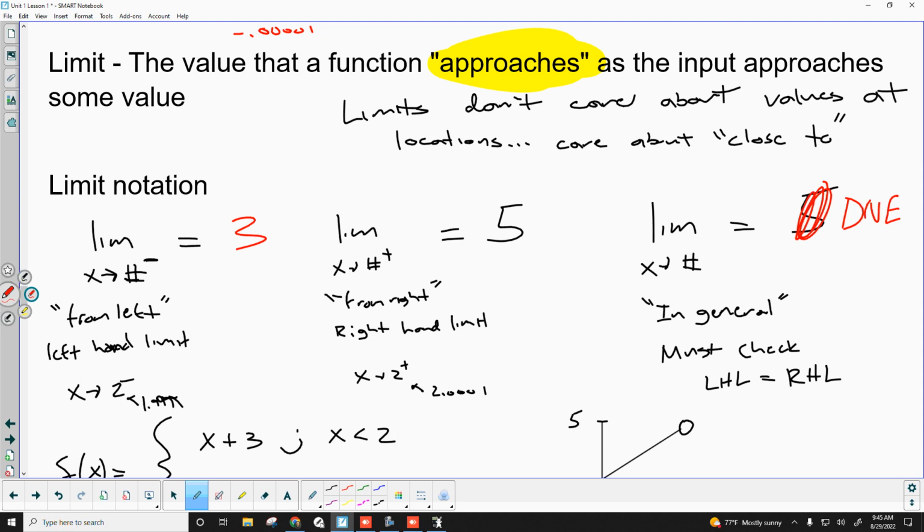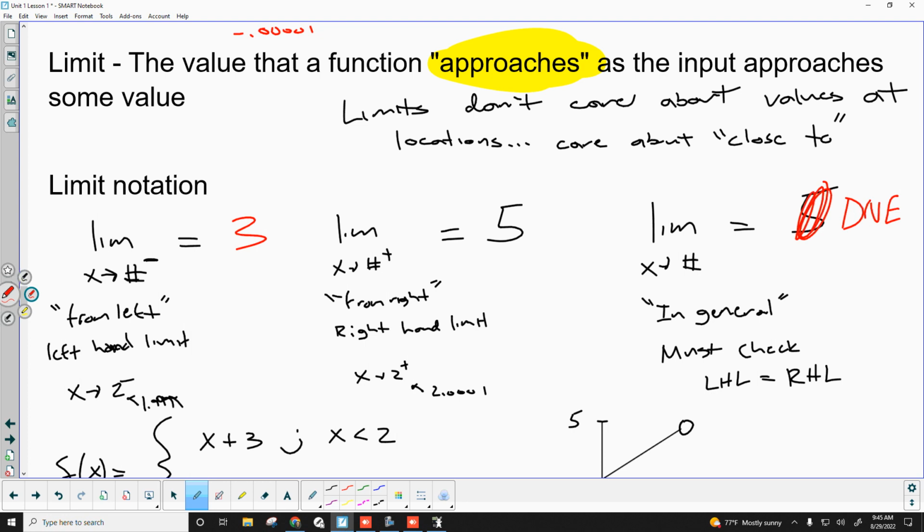You answer an in general limit by looking at the left-hand limit and the right-hand limit. If this number and this number are the same, that's your answer. Okay? Don't think it's something else. Very easy. If this is 3 and this is 3, this is 3. But if this is different than this, it doesn't exist.